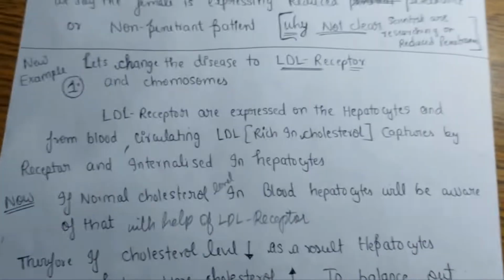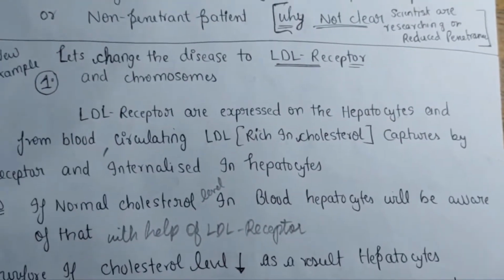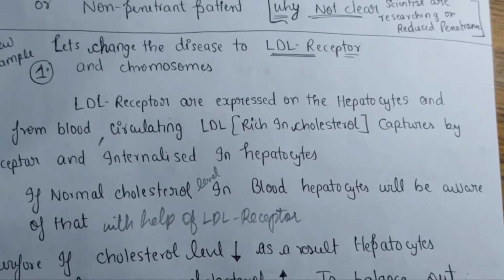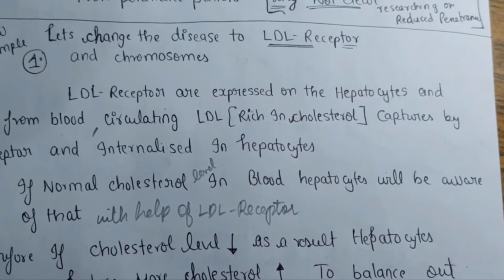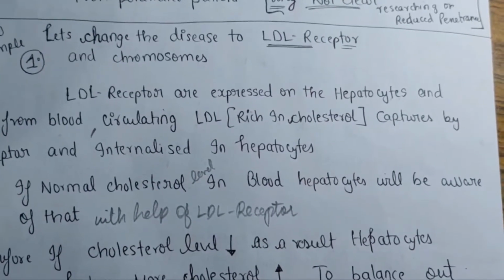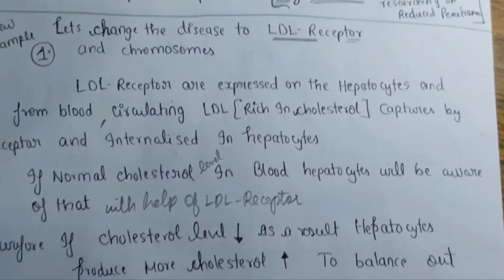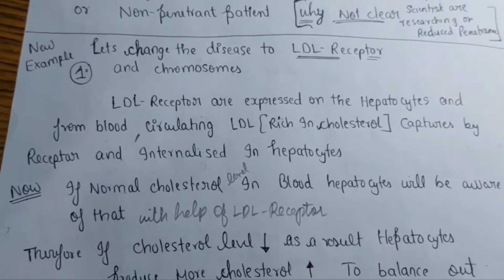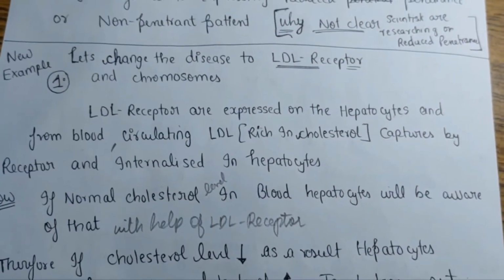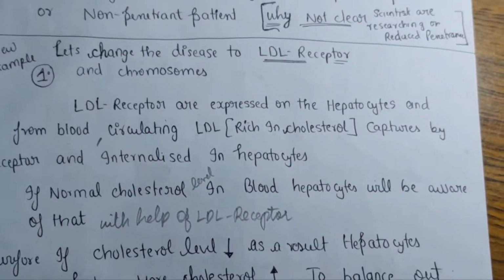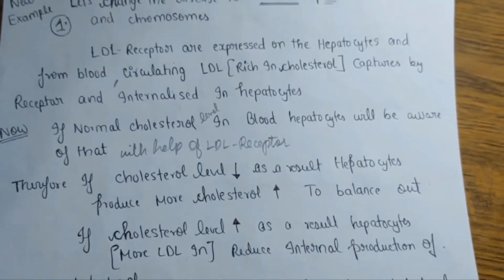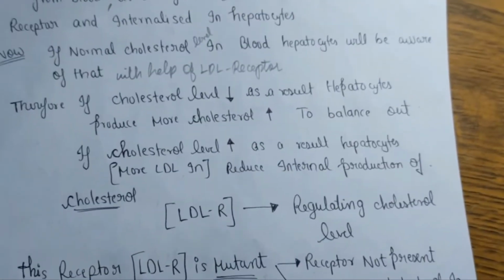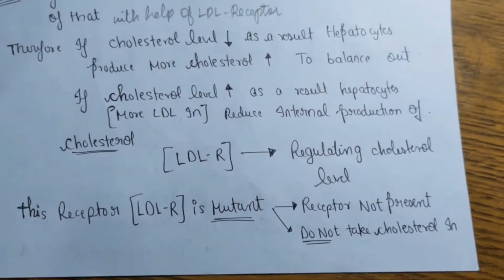So LDL receptors are expressed on hepatocytes, and the LDL circulating in the blood carries cholesterol with it. LDL receptors recognize this LDL in the blood, capture it, and bring it into hepatocytes. So basically LDL receptors help the liver to sense the level of cholesterol in the blood.